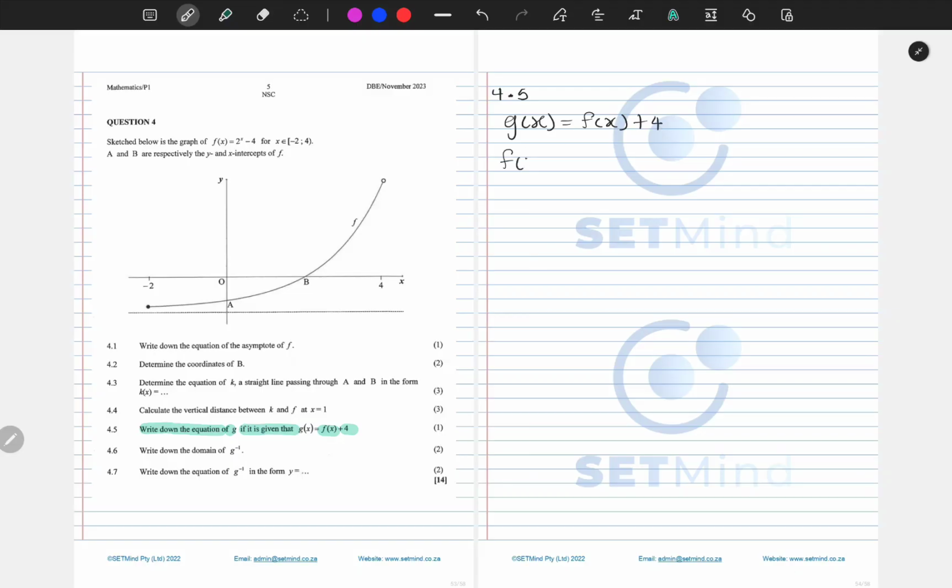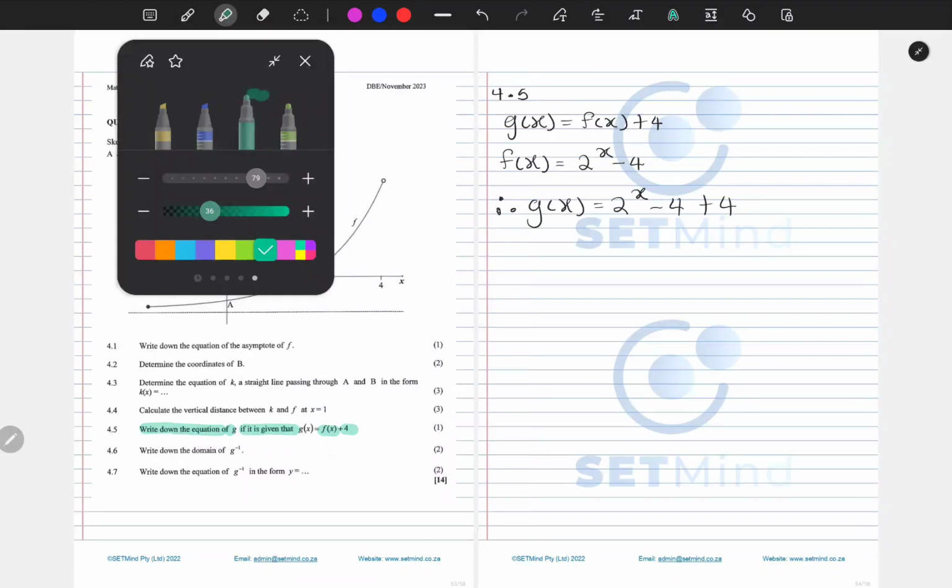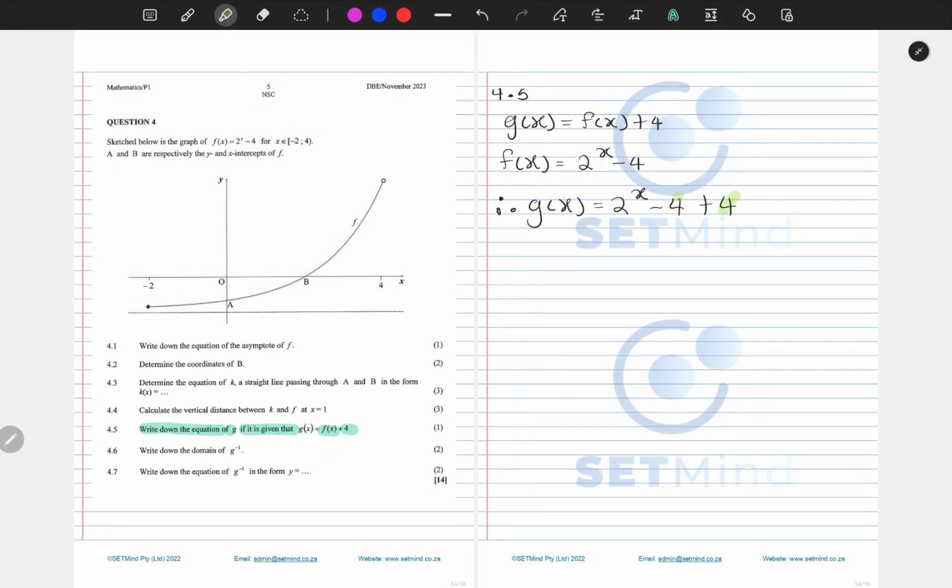So what we should remember is that f of x was given as 2 to the x minus 4. So therefore, our g of x will be 2 to the x minus 4 plus that 4 which they put there, and you'll see that the 4 and the minus 4 will cancel and we'll be left with 2 to the x. So essentially, our g of x is simply 2 to the x.